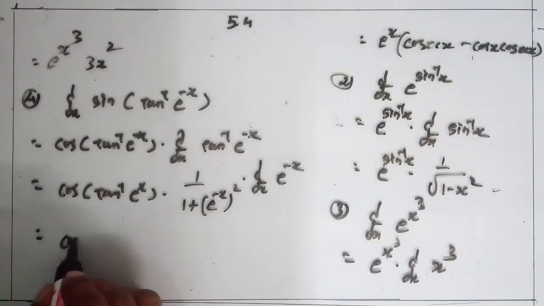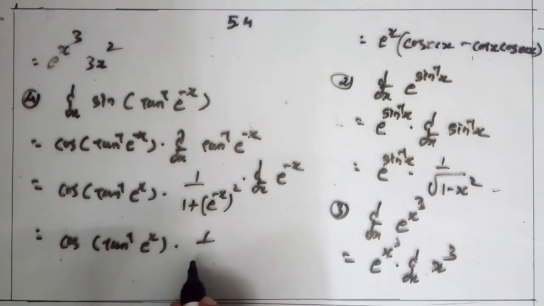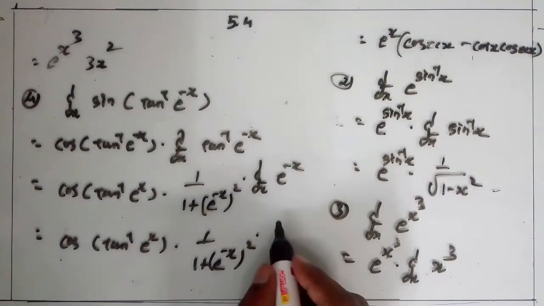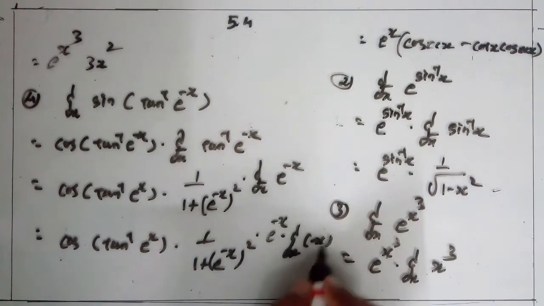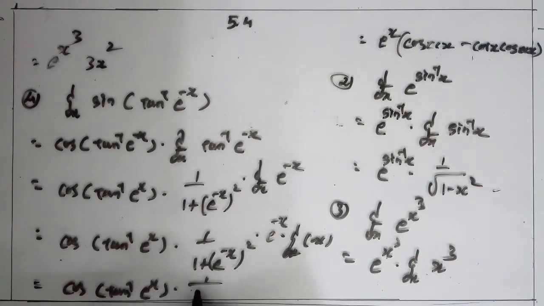So it is equal to cos tan inverse e raised to minus x into 1 upon 1 plus e raised to minus x squared, or e raised to minus 2x, into the derivative of e raised to minus x, which is e raised to minus x into the derivative of minus x, that is d/dx of minus x, which is minus 1.